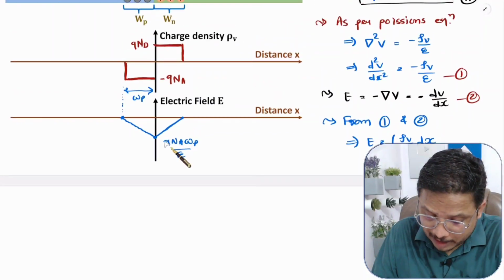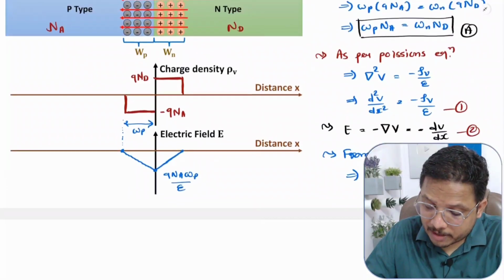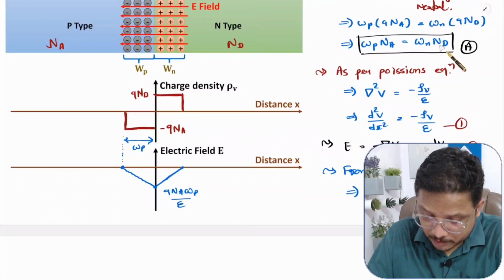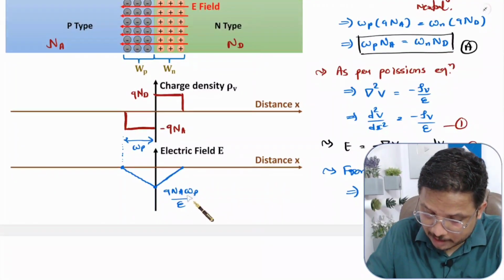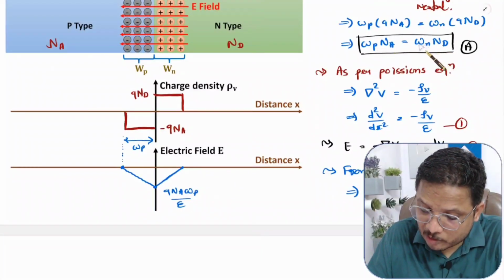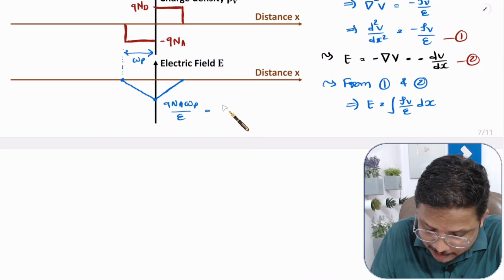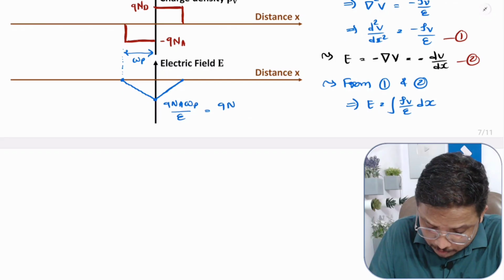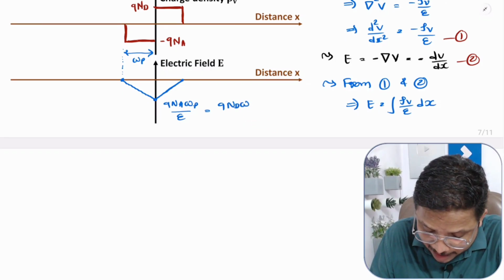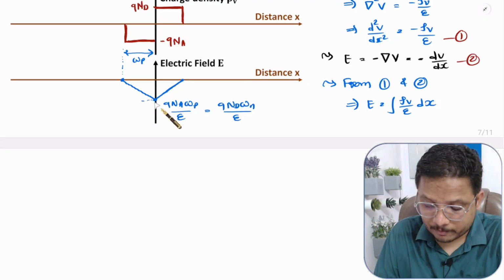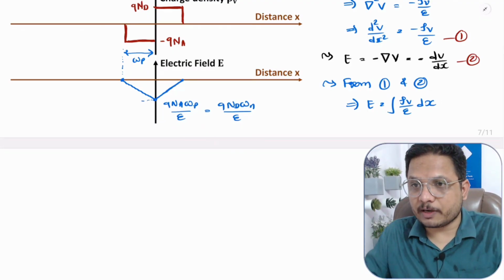Now this formula can also be calculated based on Wn and Nd. You see, Na Wp is equal to Nd Wn. So this value can also be Q into Nd Wn divided by epsilon. This is the maximum value of electric field.